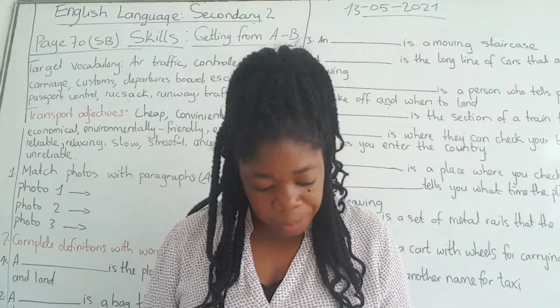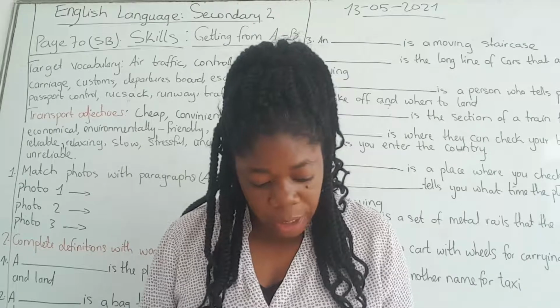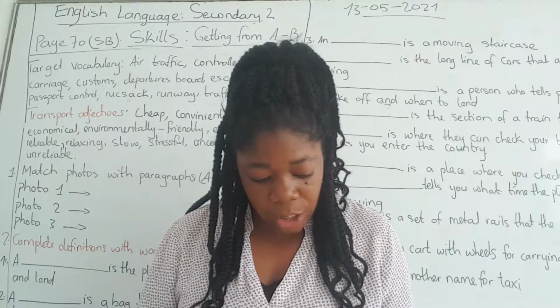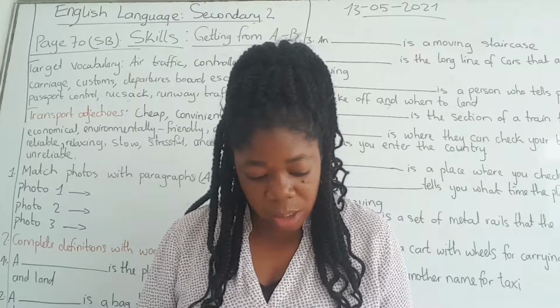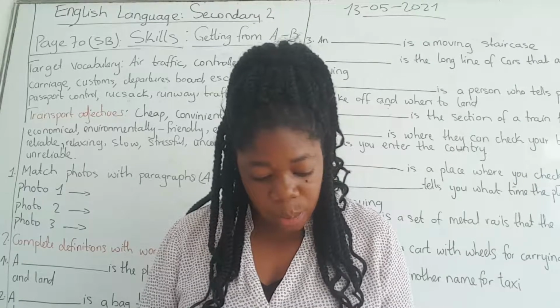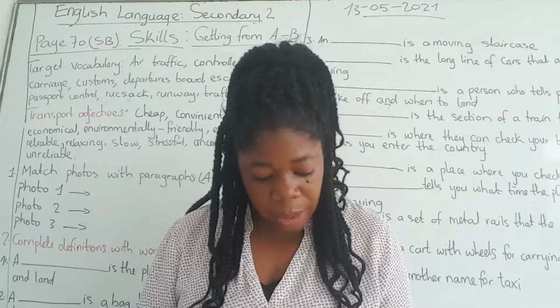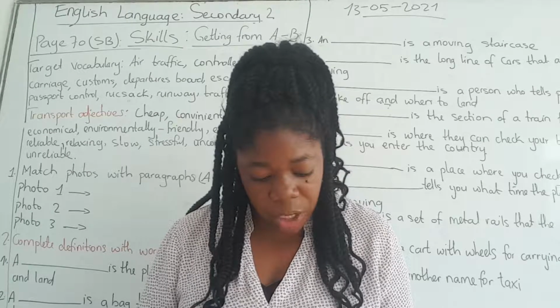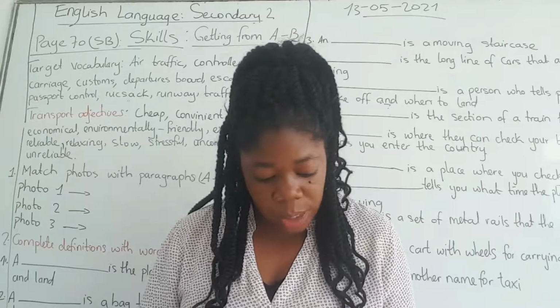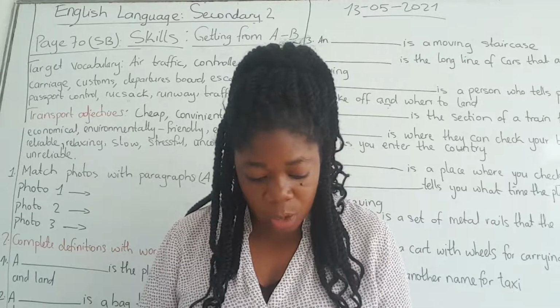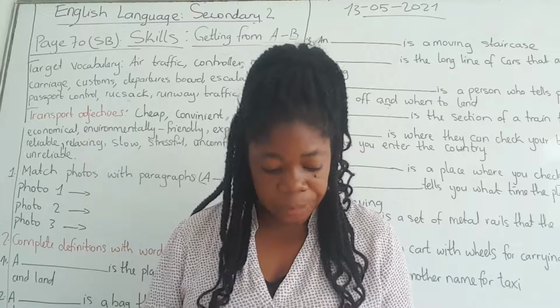Paragraph C. Fortunately, there was a black cab outside, so we jumped in and asked the driver to take us to King's Cross station as quickly as possible. Then the cab came to a sudden halt. Not again. This time there was a terrible traffic jam. We didn't want to waste any more time, so we got out and walked to the station.